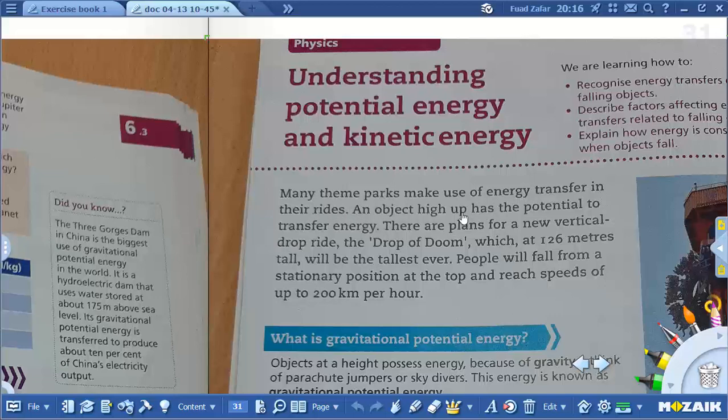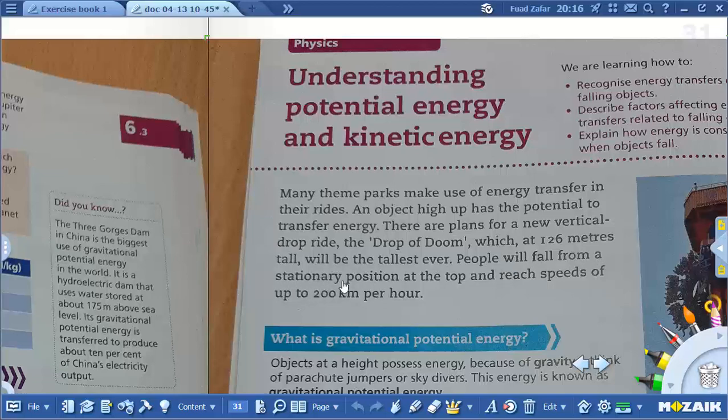An object high up has the potential to transfer energy. There are plans for a new vertical drop ride, the Drop of Doom. You can see in the picture, which is 126 meters tall, it will be the tallest ever. People will fall from a stationary position.